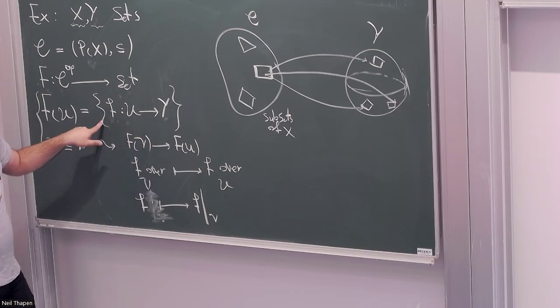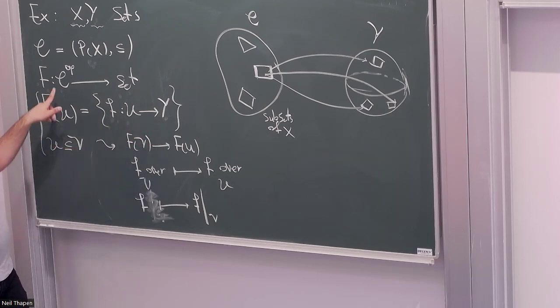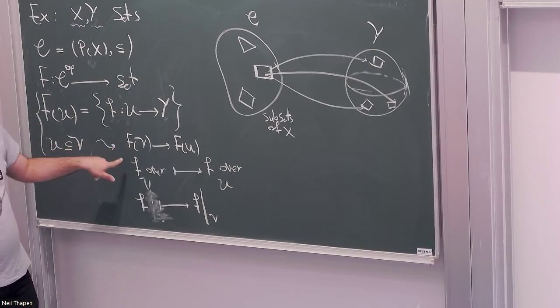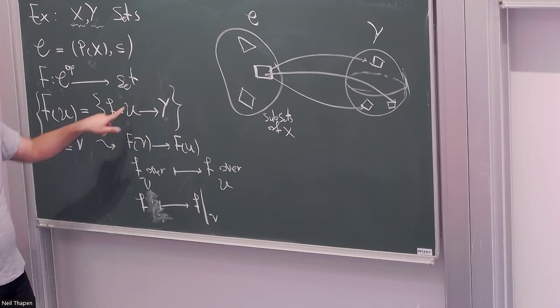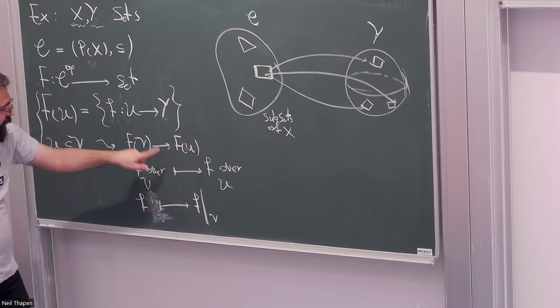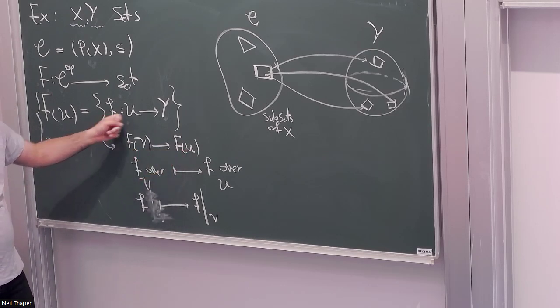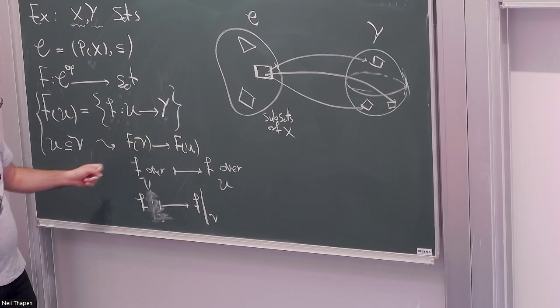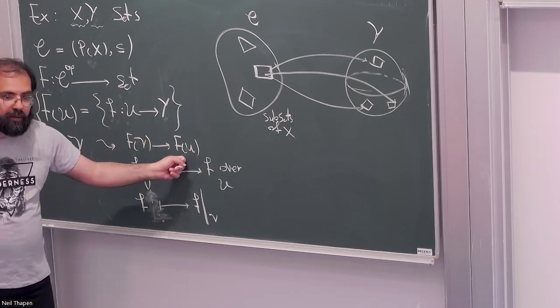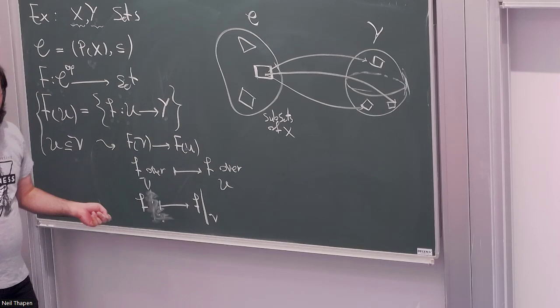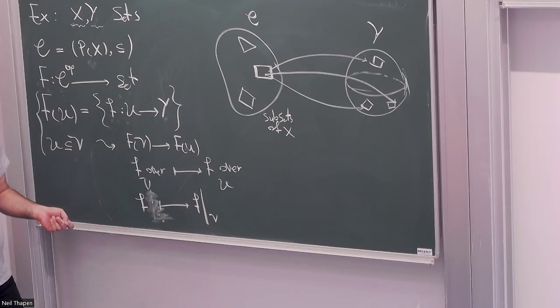And then over a morphism, there is just one morphism because it's a poset. So then I have to define a function from one set to the other. And my function is: pick one function over V and restrict it to U. That's my function.